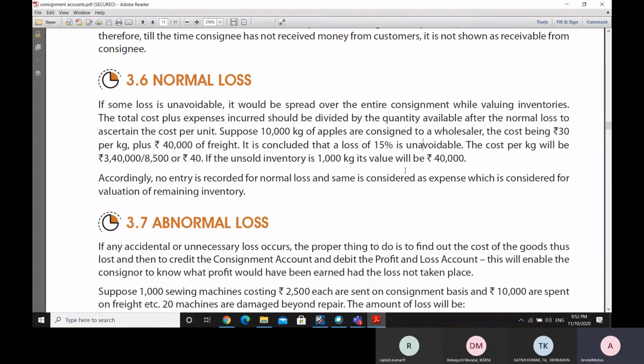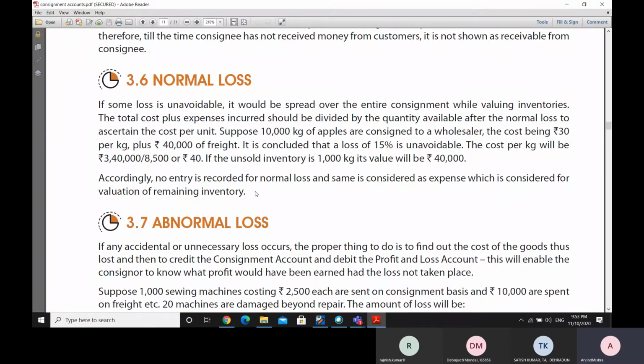So accordingly, no entry is recorded for normal loss. No separate entry is made for normal loss, and that loss is considered as an expenditure. It is automatically considered for valuation of the remaining inventory.